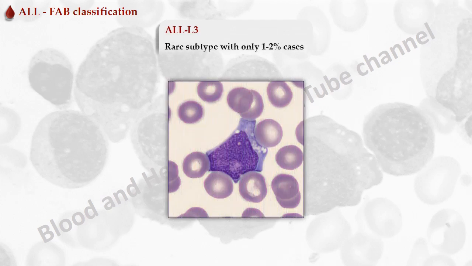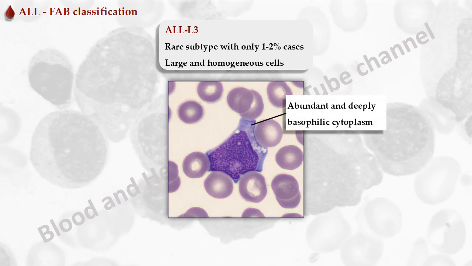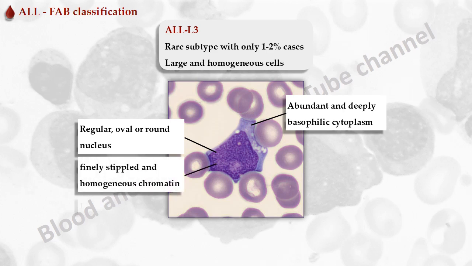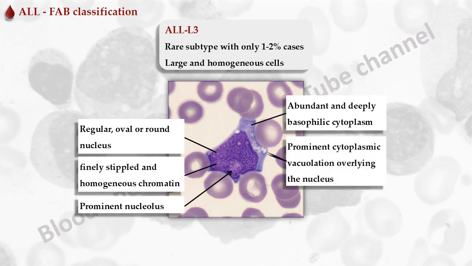ALL-L3 is a rare subtype with only 1 to 2% of cases. In this type the cells are large and homogeneous with abundant and deeply basophilic cytoplasm, regular, oval or round nuclei, finely stippled and homogeneous chromatin, and prominent nucleoli. The most distinguishing feature is prominent cytoplasmic vacuolation overlying the nucleus.